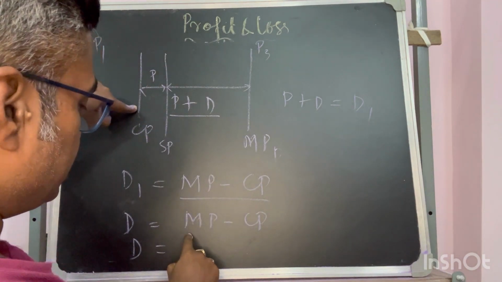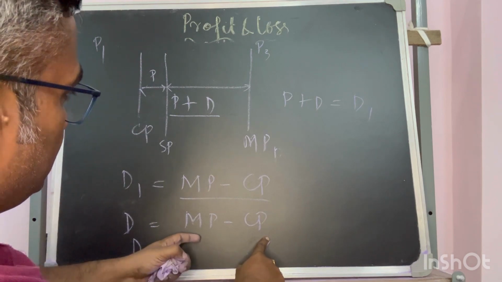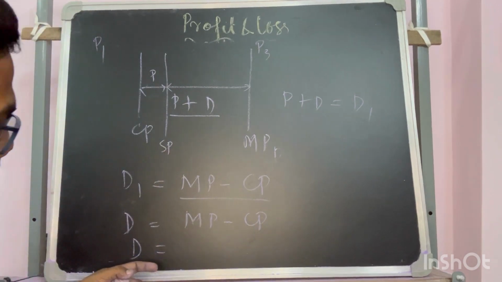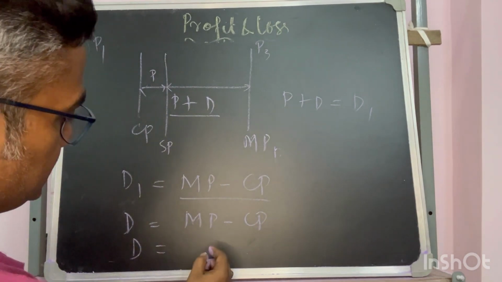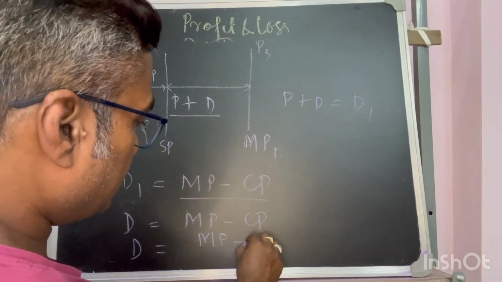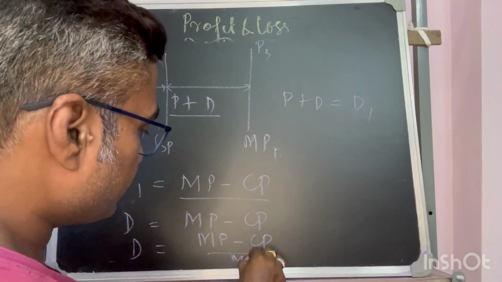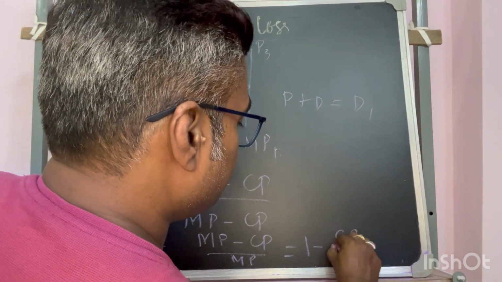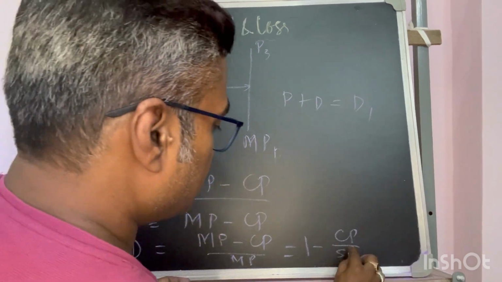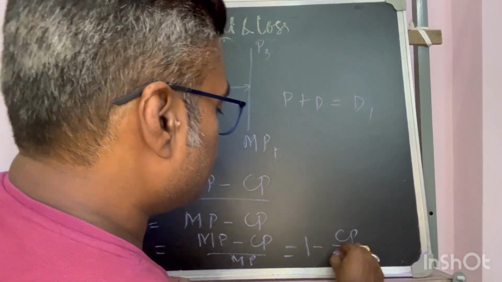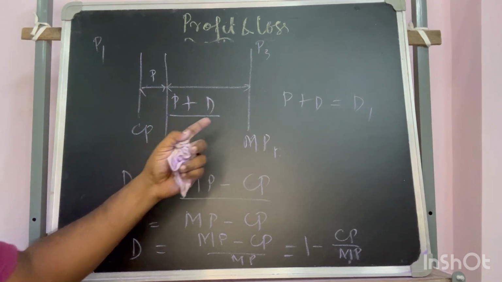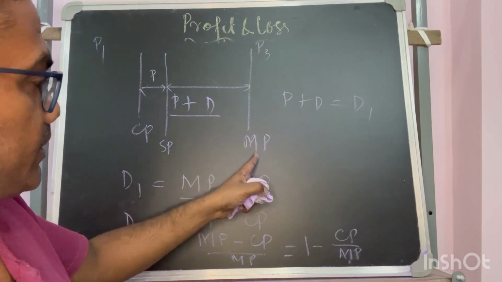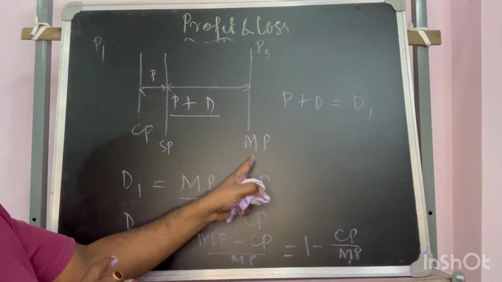So the discount for this case is this much only, and the total discount in comparison will come by MP. So that means this total discount will be 1 minus CP by MP. Because when I'm talking about the discount, my prime is MP, means on the market price or the mark price I'm giving discount.